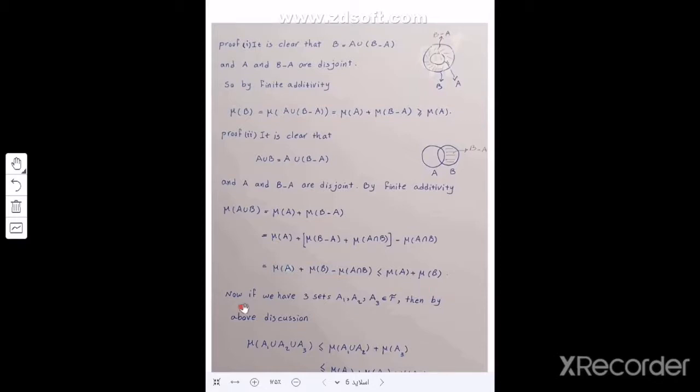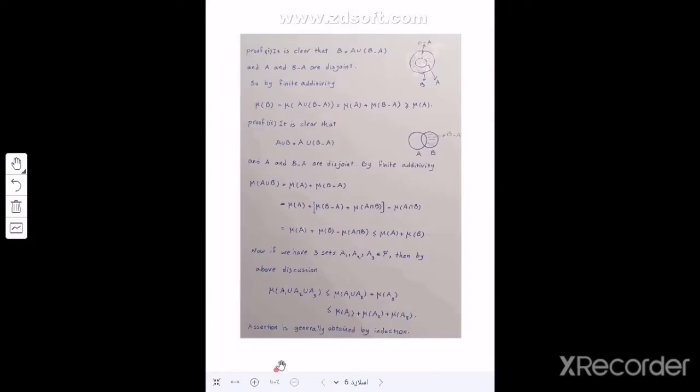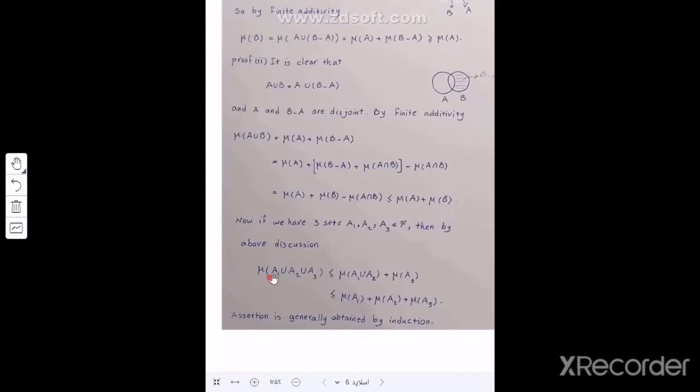Okay, for two sets. Now, if we have three sets, A1, A2, and A3, then by this discussion, mu of this union is less than or equal to mu of A1 union A2 plus mu of A3, and it is less than or equal to mu of A1 plus mu of A2 plus mu of A3.